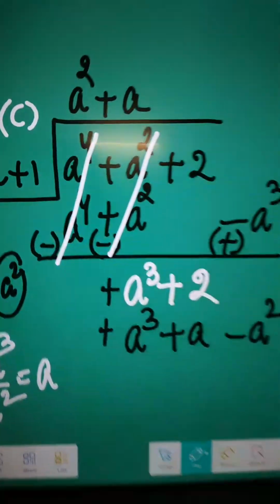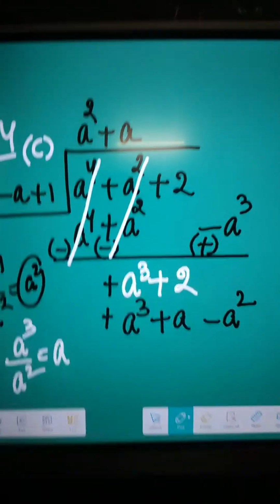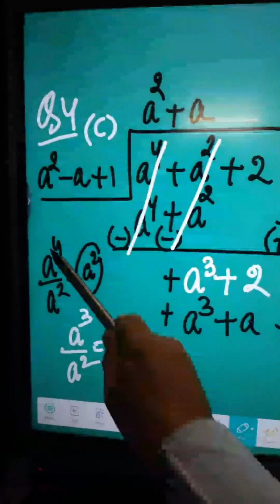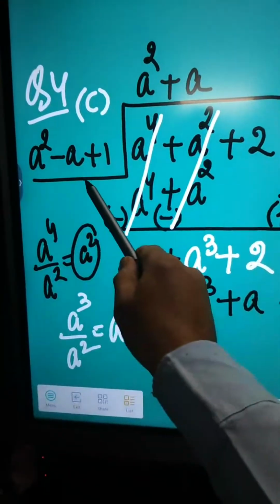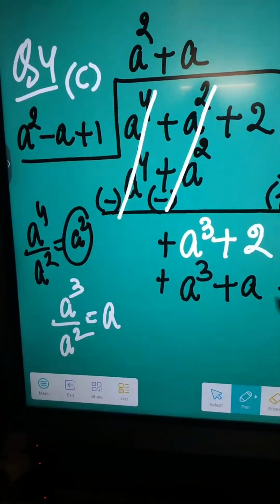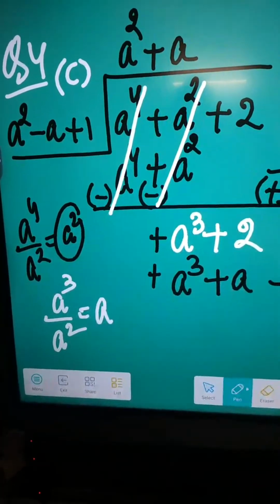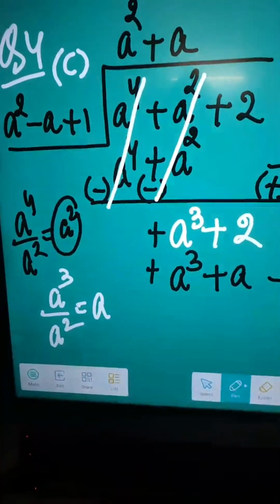Check this: a³ plus 2 divided by this is giving me a³ plus a. How? Because a² into a is a³. a into minus a is a², so I have written minus a². And 1 into a is a.